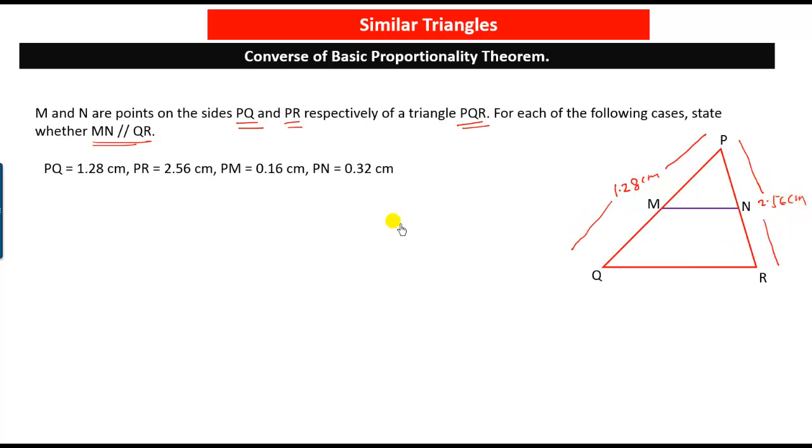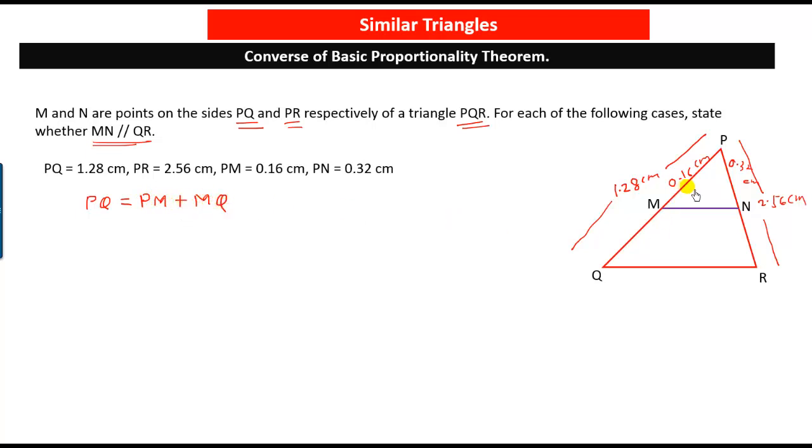and PM is 0.16 centimeter, and PN is 0.32 centimeter. Here PQ is equal to PM plus MQ.